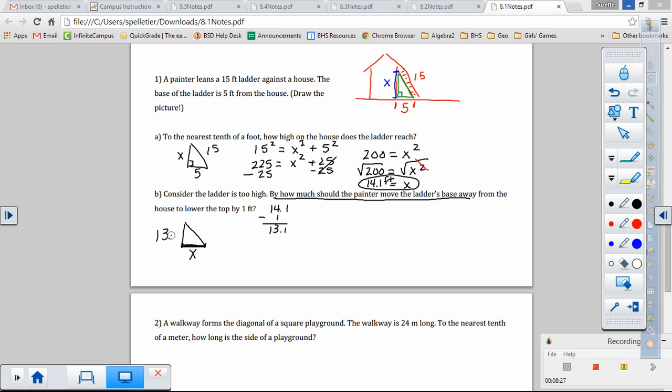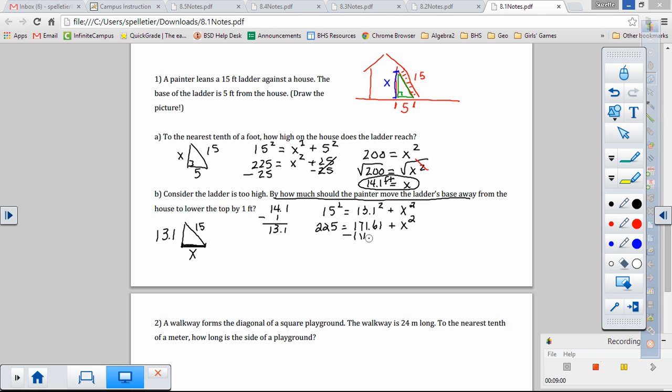So I'm going to now use 13.1 as the height of my 15-foot ladder. And I'm going to try to figure out how far the base should be away from the wall. Okay? So let's first figure out the distance of the base. So we have to plug it into the equation. 15 squared equals 13.1 squared plus x squared. 15 squared is 225. 13.1 squared is 171.61 plus x squared.